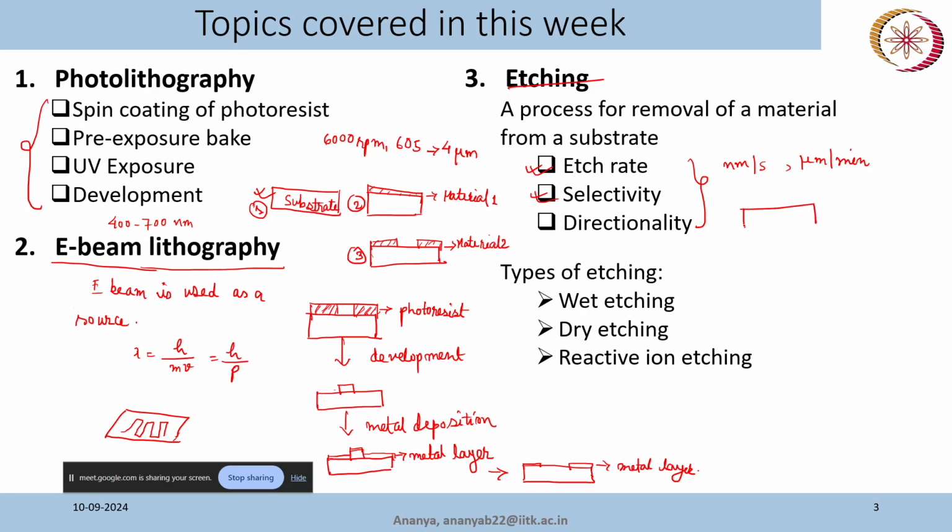You have a substrate, you have some photoresist layer, this is your metal layer, say, or any other layer, and you want to remove this photoresist.